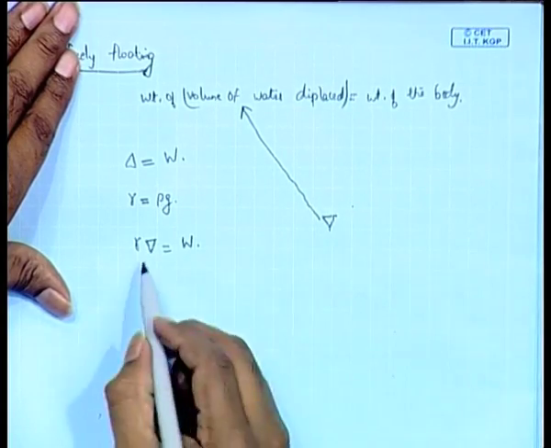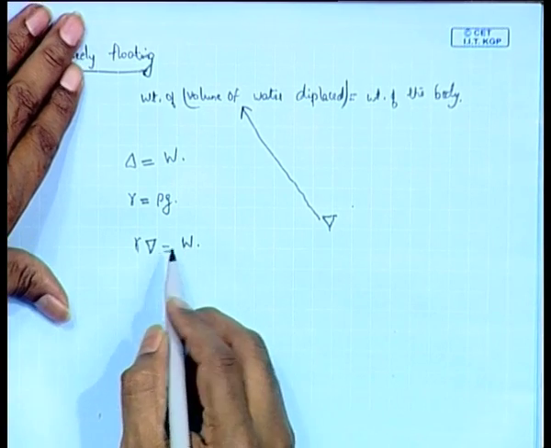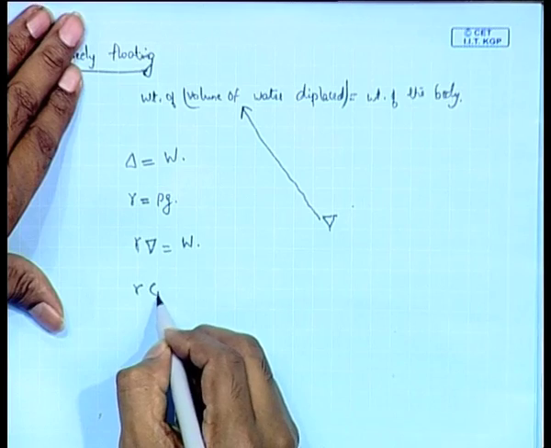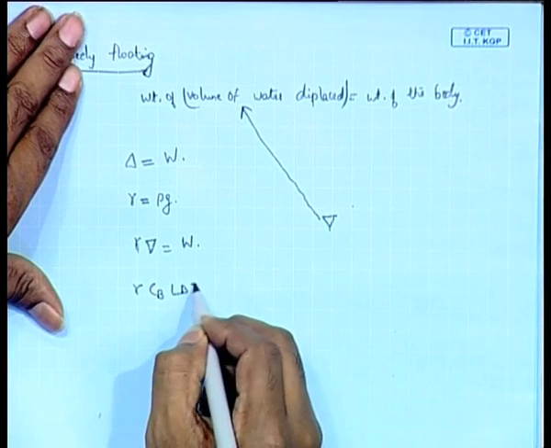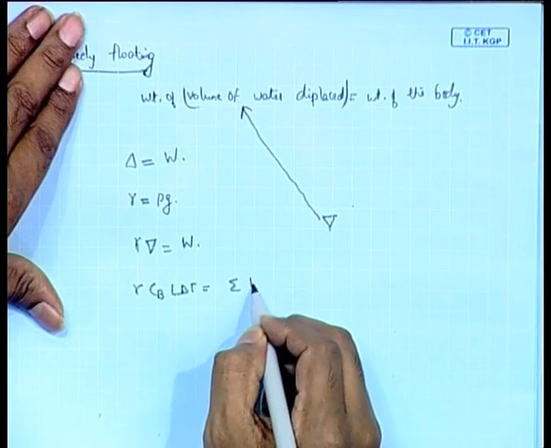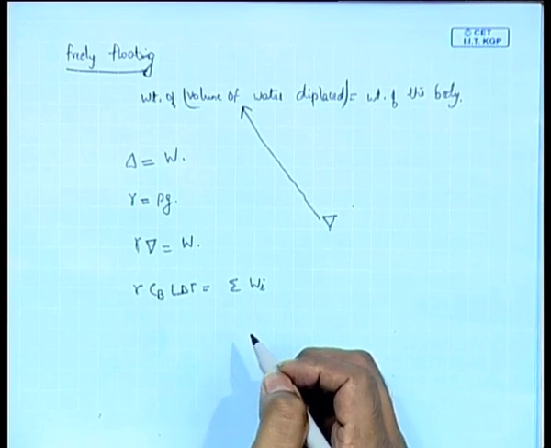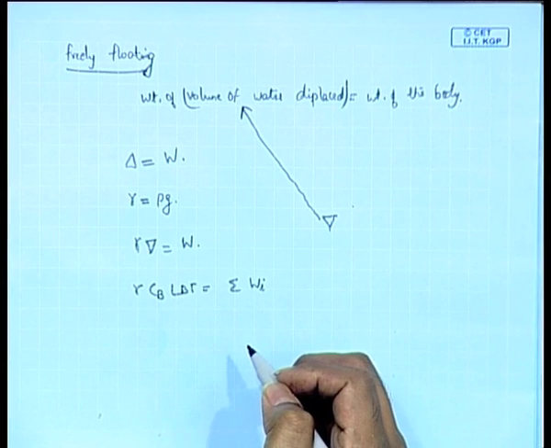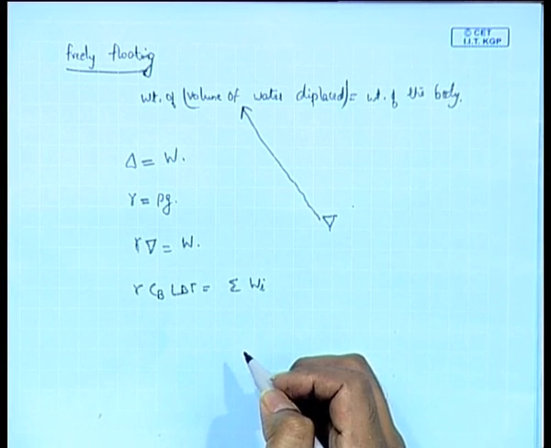So gamma into del is equal to W, which you can write as gamma into Cb into Lbt equals sigma Wi, where the right hand side represents the sum total of the weights. Each of them represents the different weights that are acting on the ship.